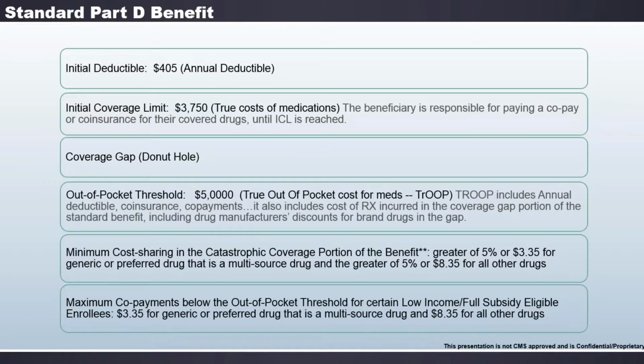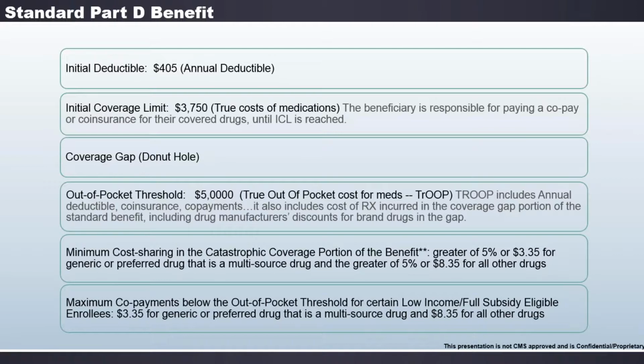It also includes costs of the RX fee. So whatever is in, they pay for that. It's incurred during that coverage gap portion of the standard benefit, including manufacturers' discounts for brand drugs in that gap. And then there's minimum cost sharing for the catastrophic coverage portion of the benefits.